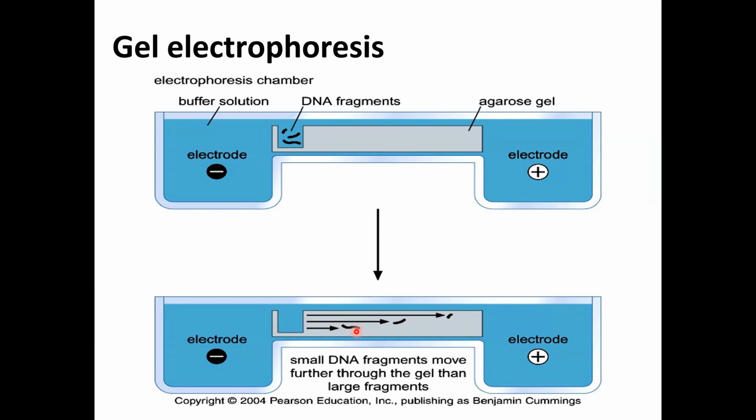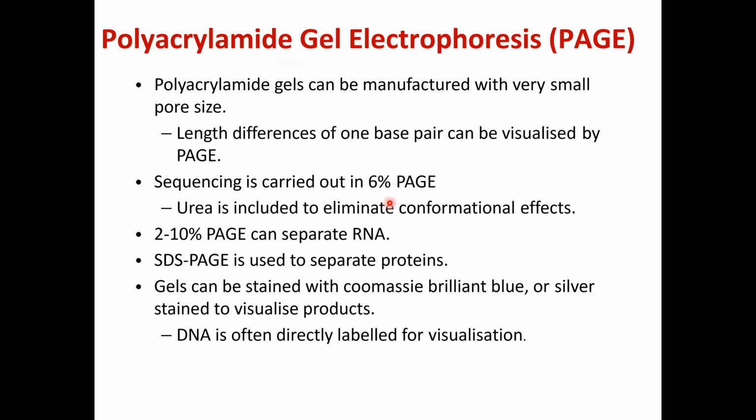However, as I mentioned, there are different characteristics or factors affecting the migration of your DNA or your samples. It depends. The larger ones will migrate only slowly, or not travel far at all. We also have a well-known PAGE.